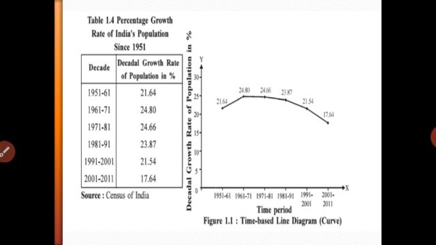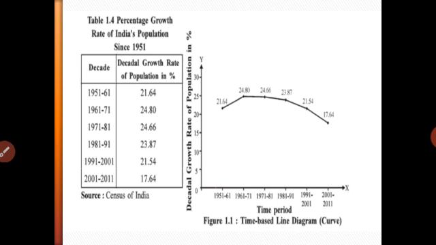You can take the y-axis data as per the frequency distribution. Here you can see that 21.64% is marked as a point for 1951 to 61 on the x-axis, with the y-axis from 20 to 25.